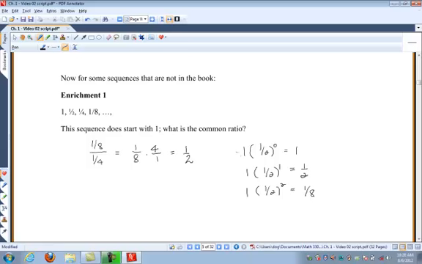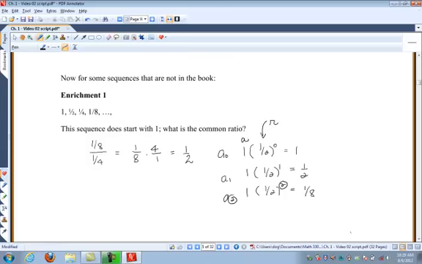You'll notice that this is a sub 0, a sub 1, a sub 2, and there's my power right there. So this is my r, and this is my a.